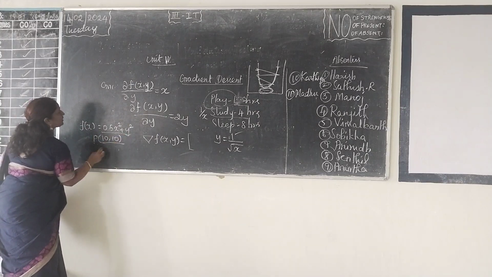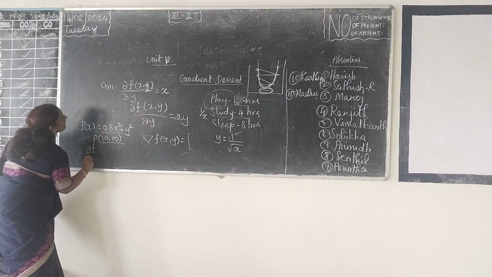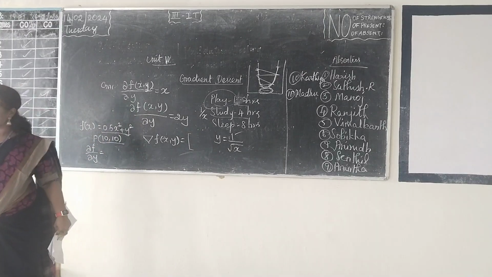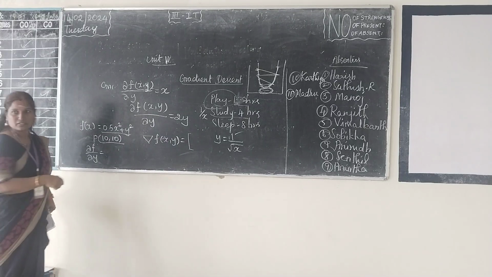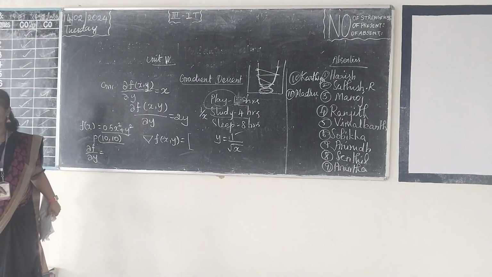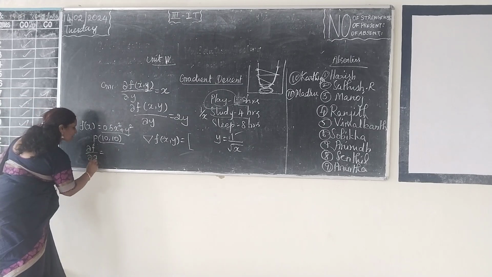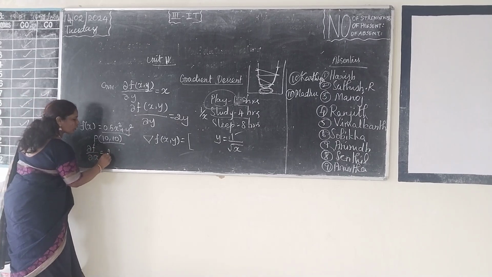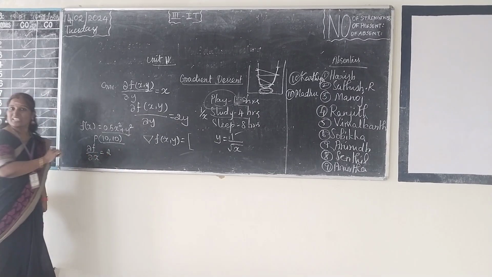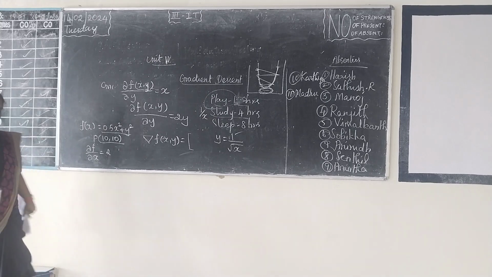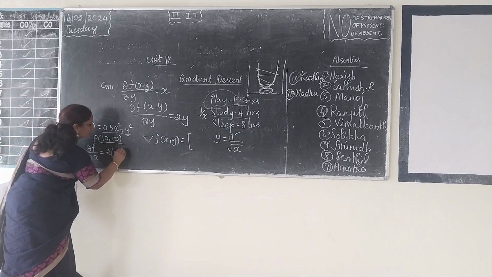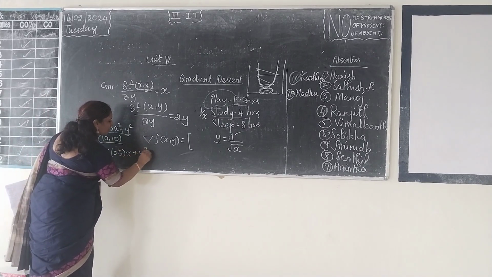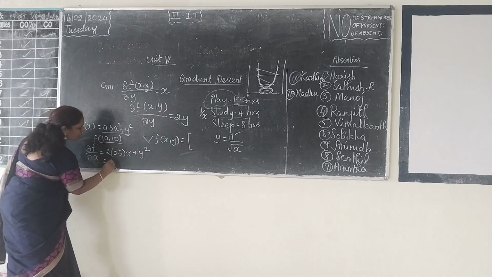How do you differentiate this? With respect to x, and with respect to y. Please differentiate it. With respect to x, it will be 2 into 0.5 x, plus y square, so this will be x.